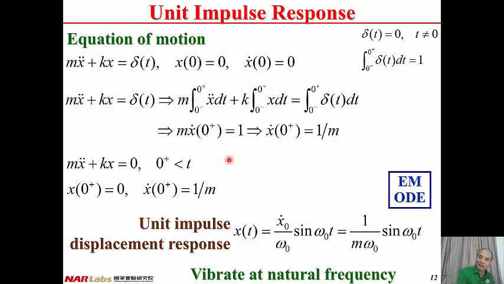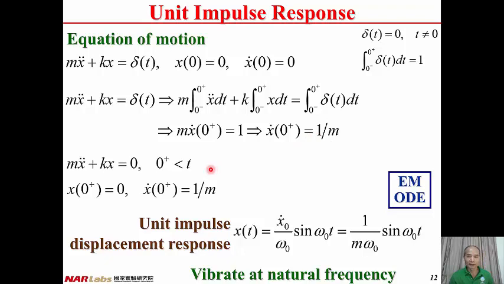Because when t is negative, there's no external force, and the initial velocity equals 0, x dot of 0 minus equals 0. Only x dot of 0 plus is left. Therefore, from this equation, we have m x dot of 0 plus equals 1. Then we can solve for x dot of 0 plus equals 1 divided by m.